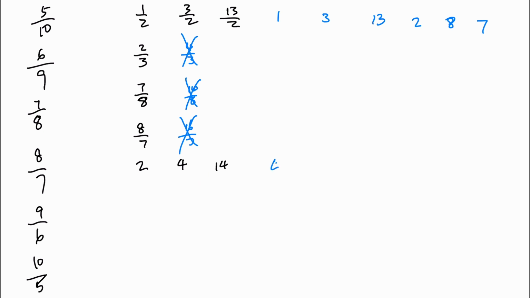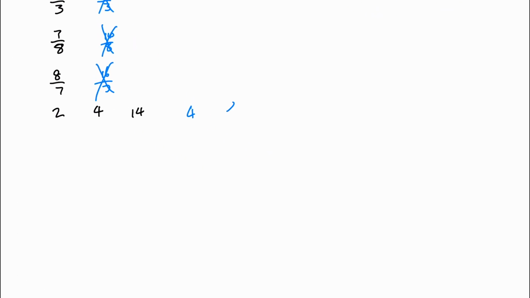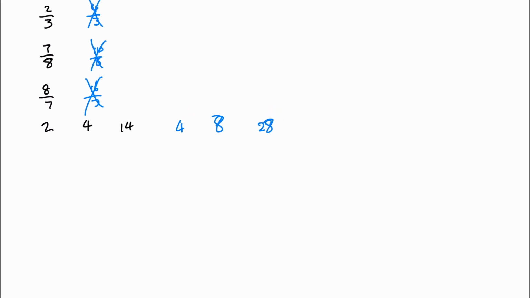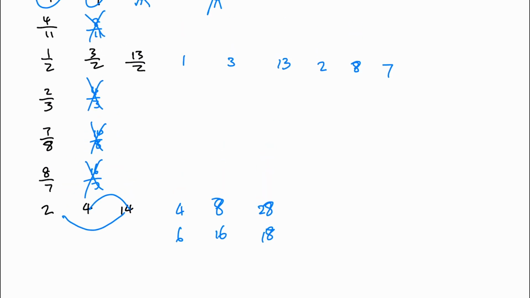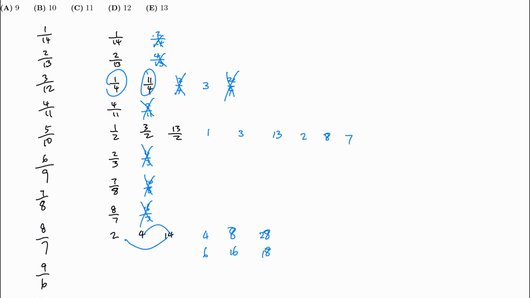So that would be 4 double 2, 4 double 8, or double of 4 is 8, and double of 14 is 28. And we can add them, that would be 6. Add this, that would be 16. And add this, that would be 18. Let's take a look. Don't just count them up, because some of them do repeat.